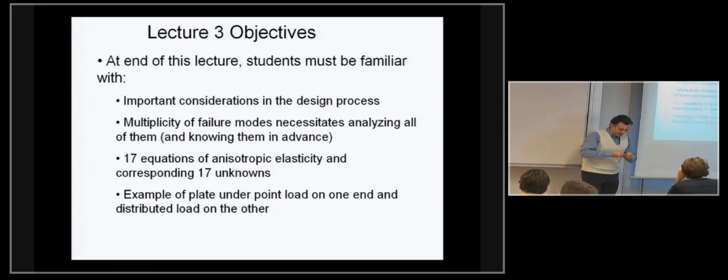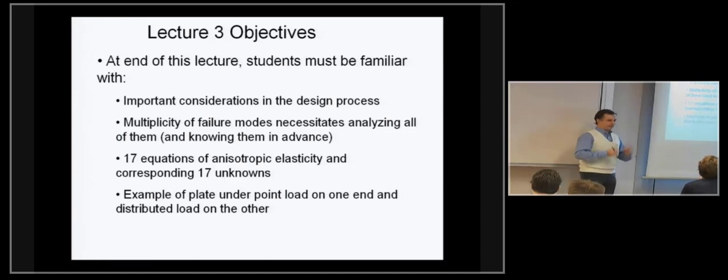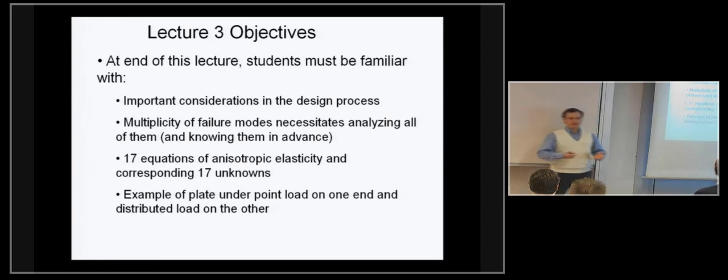In general, today's lecture is finishing up on some things we started talking about in the design process, as they are more specific to composites, but they are general enough that it would be good to have in mind. Some of these aspects you will see in the homeworks and the final projects as we go through the course. Then we'll talk a lot throughout the course, briefly starting today, about the fact that a structure can fail in more than one failure mode. In standard metal structures, you can have buckling or yielding, and you don't know in advance which is going to happen first.